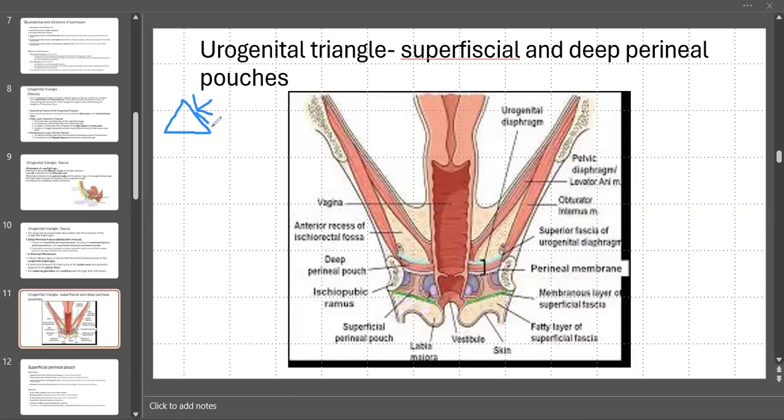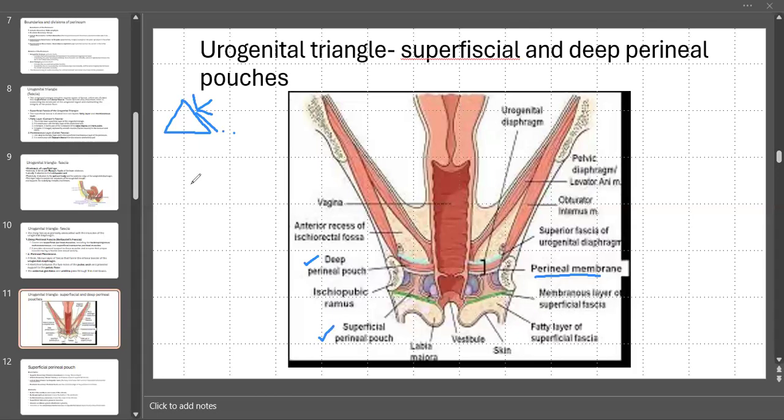And then fourth thing was superficial and deep group of muscles. So here in this diagram, guys, look at this thing. Perineal membrane, deep perineal pouch, and superficial perineal pouch.